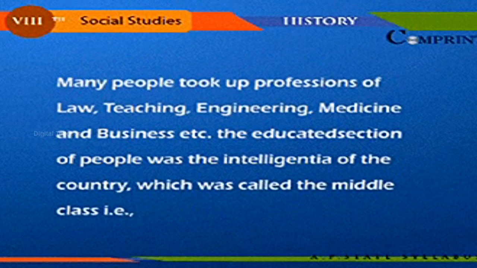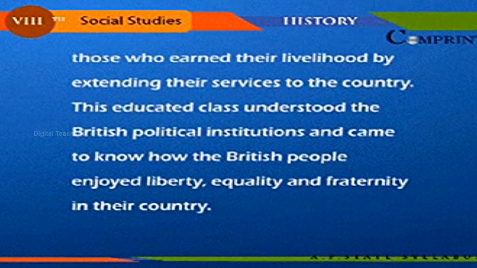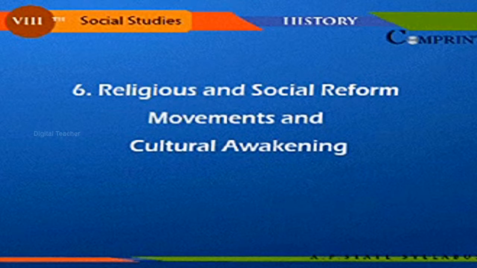Many people took up professions of law, teaching, engineering, medicine and business, etc. The educated section of people was the intelligentsia of the country, which was called the middle class, those who earned their livelihood by extending their services to the country. This educated class understood the British political institutions and came to know how the British people enjoyed liberty, equality and fraternity in their country.